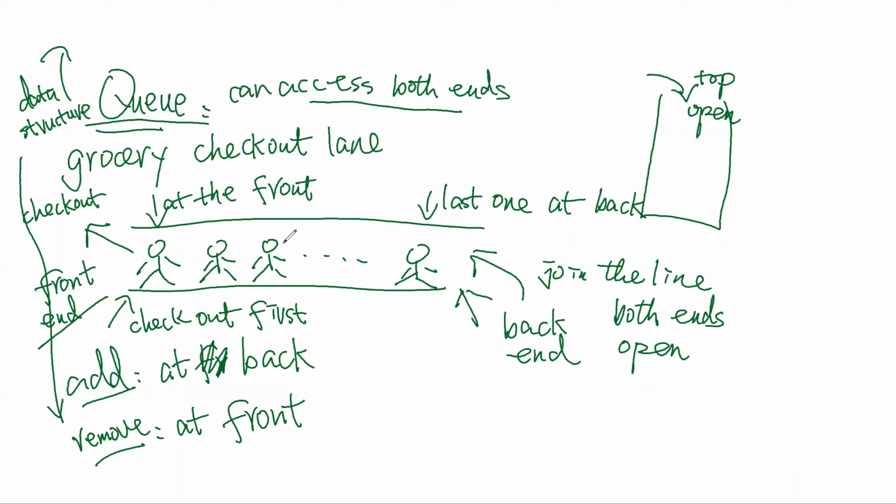So if you recall, compare this with a stack. A stack reverses the order, so it's last in, first out. But for a queue, it's different. It keeps the order.